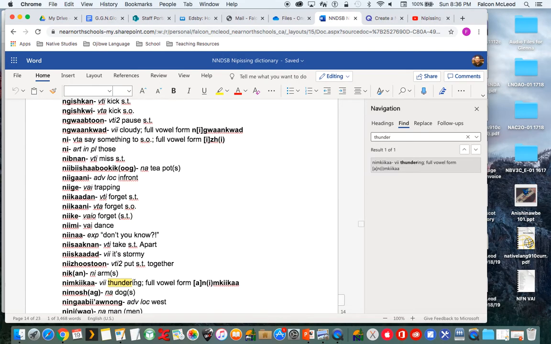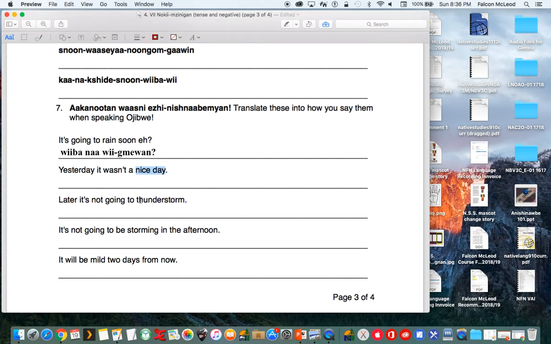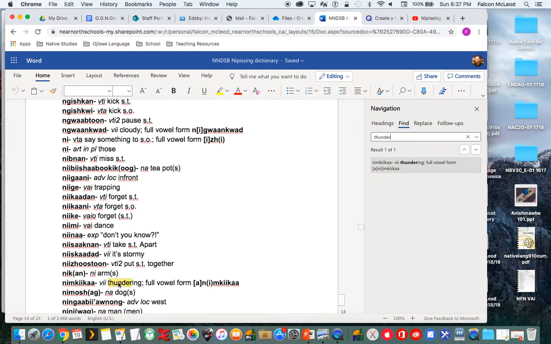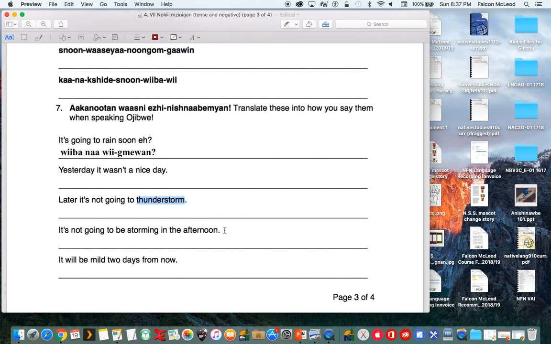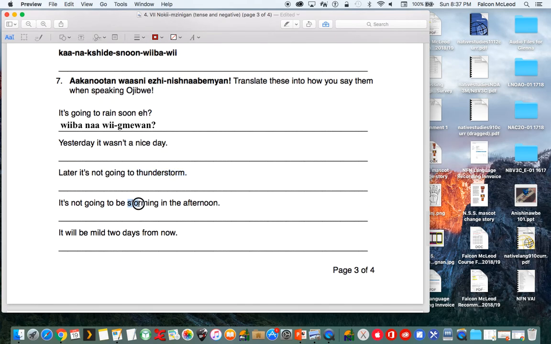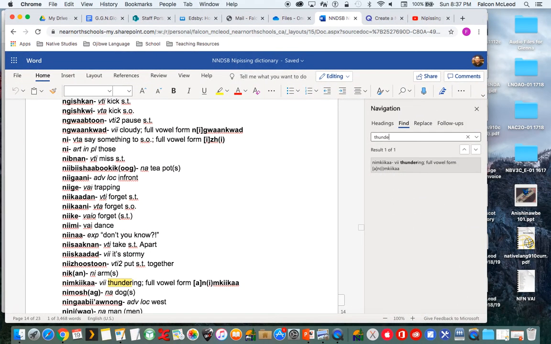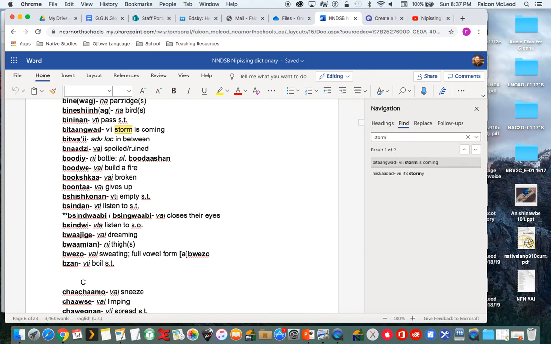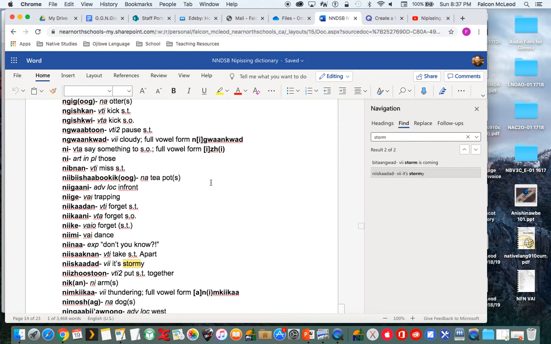All right, so thundering. So that's nimkika. So this one here, I would use the verb nimkika. Thundering. See here, storming. Let's do storm. This one here, stormy. So that's the one here.